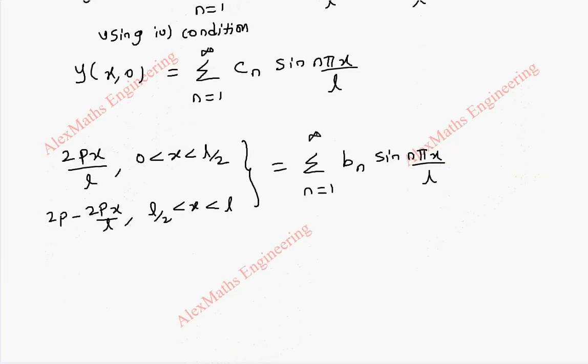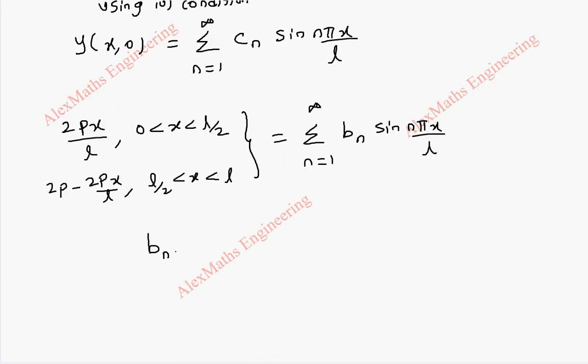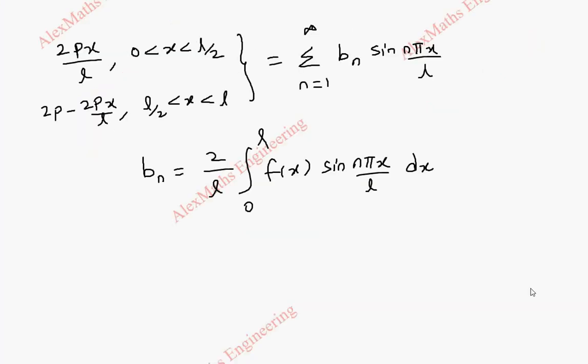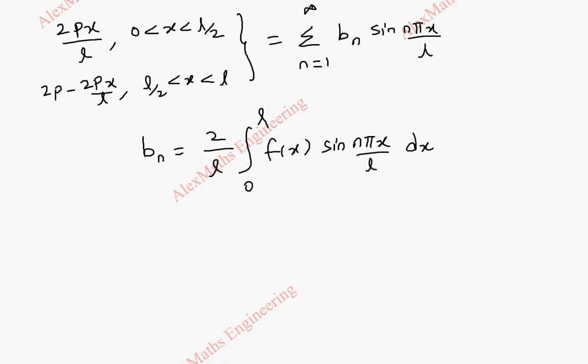From this we are going to find bn using the formula 2 by L integral 0 to L f of x into sine n pi x by L dx. Now let's substitute the f of x here, but f of x is made up of two parts.